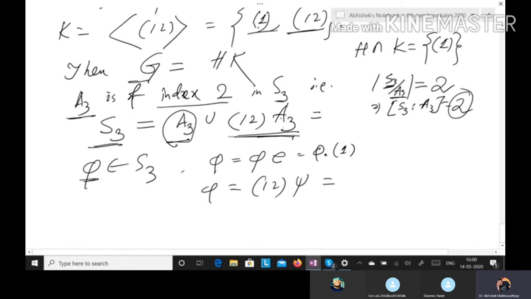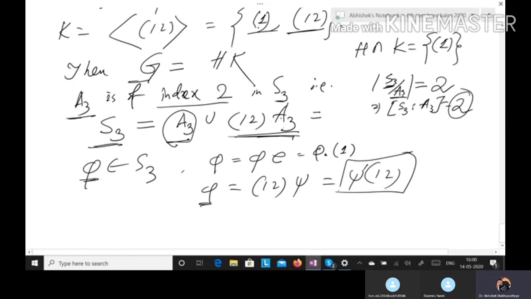Or if we consider the right coset, psi dash times (1 2), where psi dash is an element of A3. So in either case, phi is the internal product of elements of A3 and K, because K has been generated by the (1 2) cycle. So G is the internal product of H and K, and H intersection K contains exactly the identity permutation.